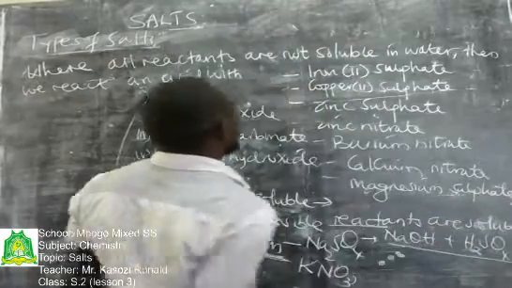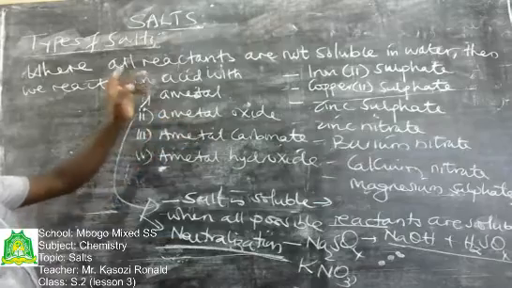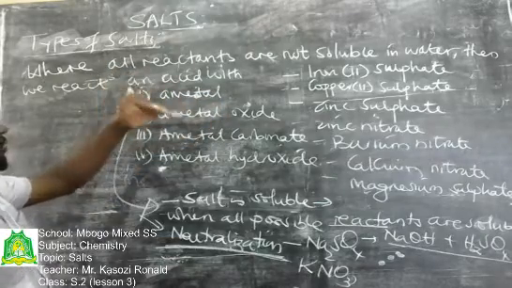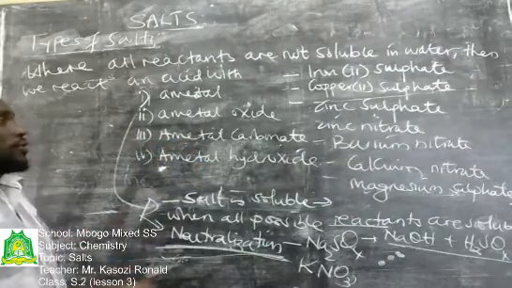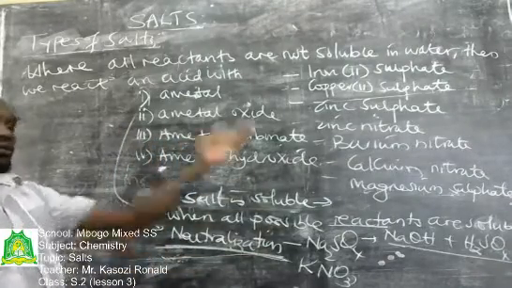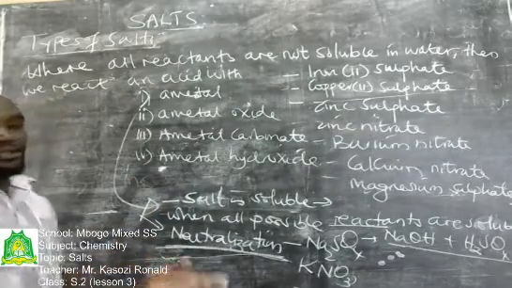They can be obtained by reacting an acid with a metal, an acid with a metal oxide, an acid with a metal carbonate, or an acid with a metal hydroxide. You obtain them first in solution, and then we carry out the crystallization.